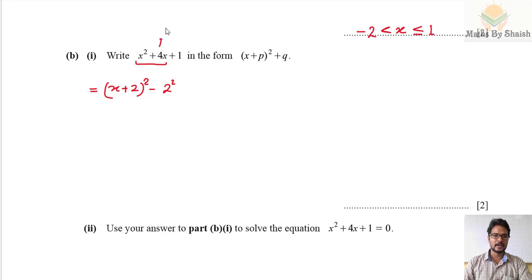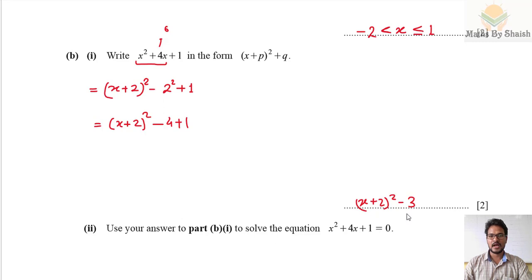If it were 6, it would be x plus 3 and here 3 squared. Plus 1, because we haven't done anything with this plus 1. So it becomes (x + 2) squared minus 4 plus 1, and hence the final answer is (x + 2) squared minus 3, because minus 4 plus 1 is minus 3.